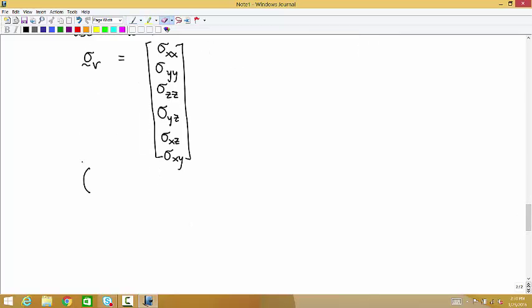As an aside, you'll also often see the shear stresses written using the Greek letter tau.